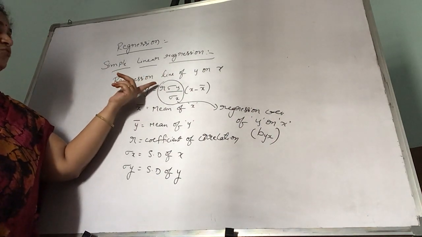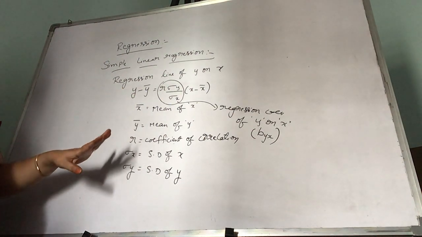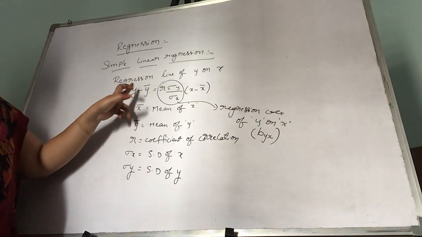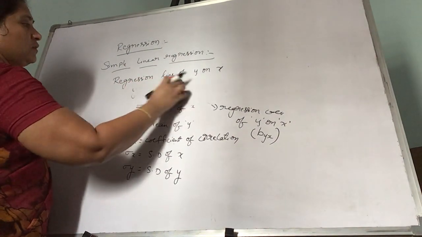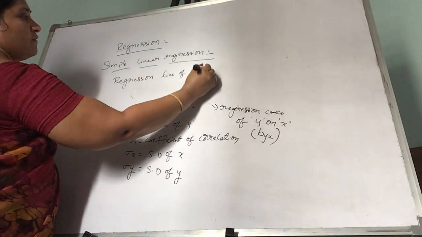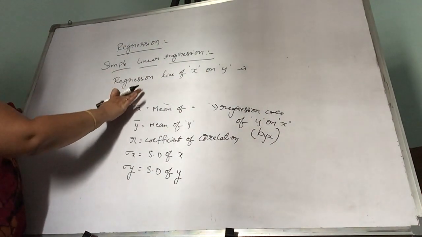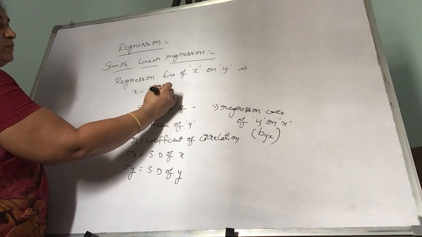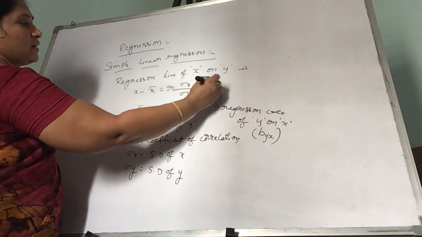So this is about the regression line of y on x. Similarly, for the regression line of x on y, we just replace x and y in this relation. Here x is dependent on y, so we form the regression line of x on y: x minus x bar is equal to r into sigma x by sigma y into y minus y bar.